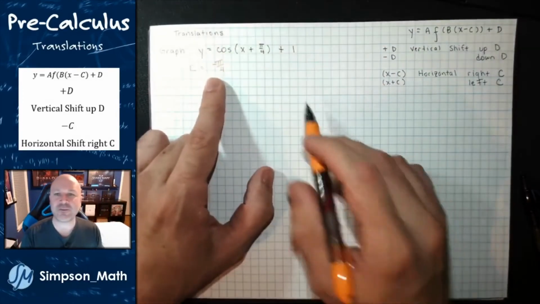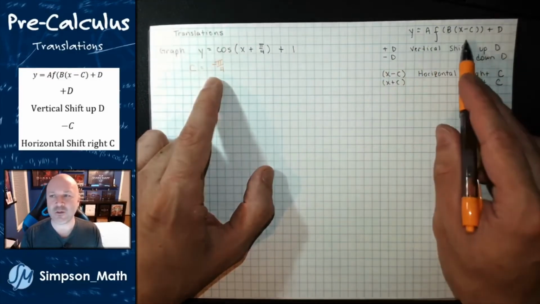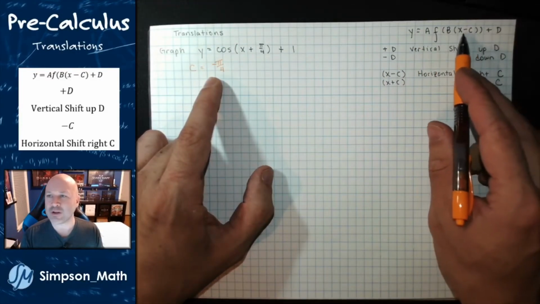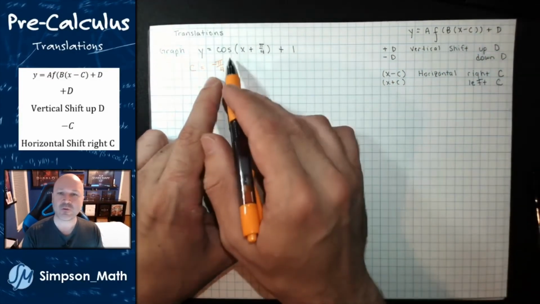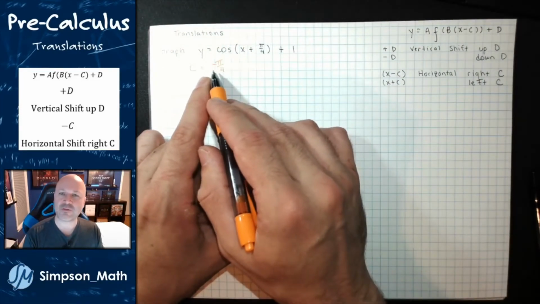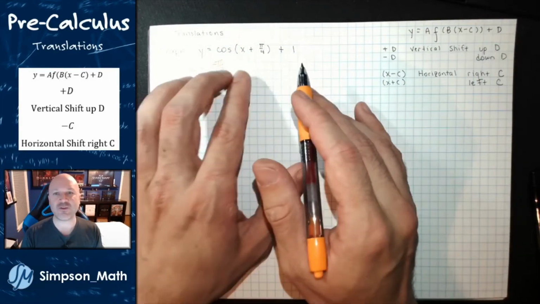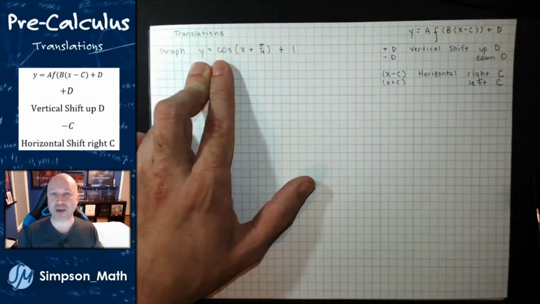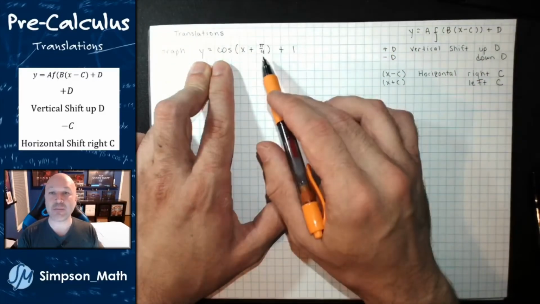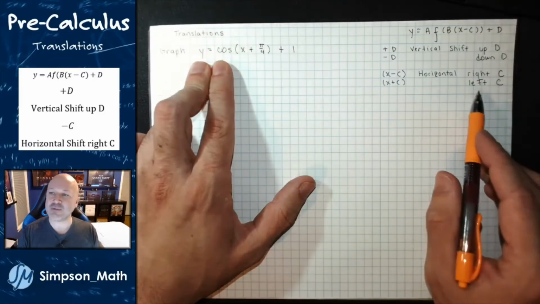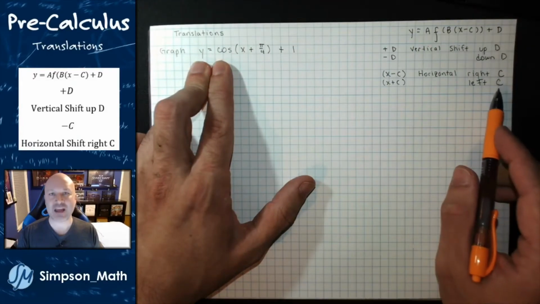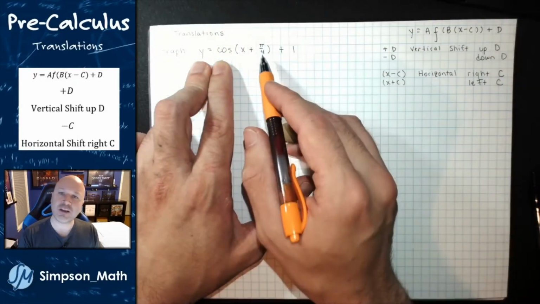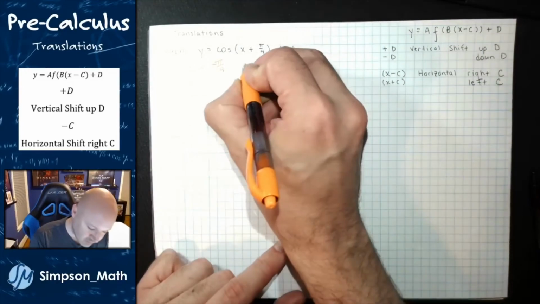If the negative confuses you, I just want it to follow this formula. I want to see the c minus a negative. So now I have a negative pi fourths. If that confuses you, don't worry. Just identify it as pi fourths and know that because I have a plus sign, then I should be moving left that distance. So I should be moving left pi fourths.